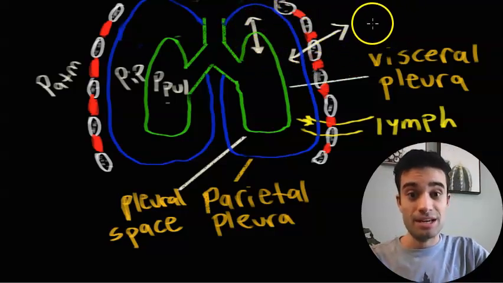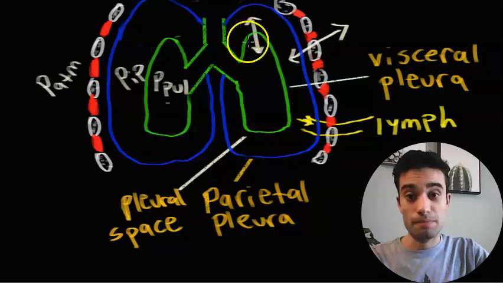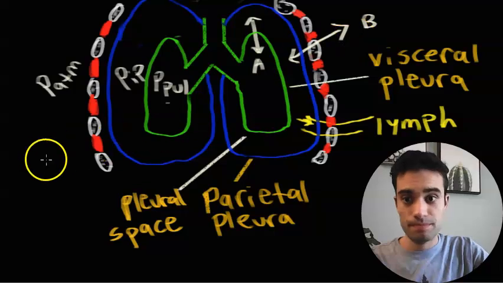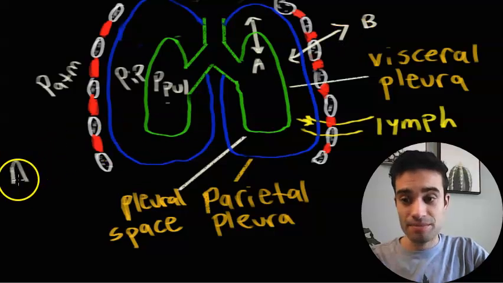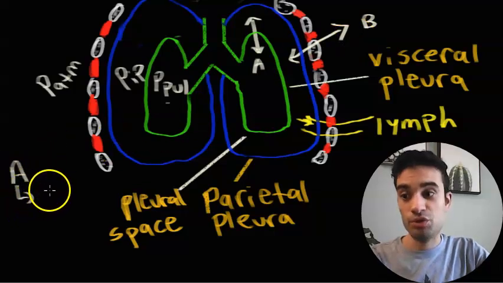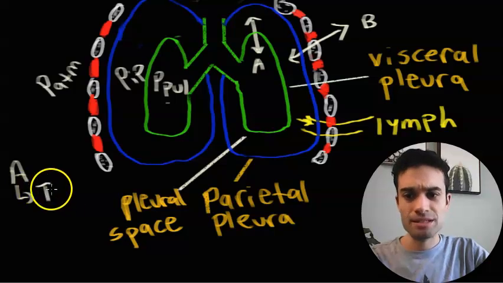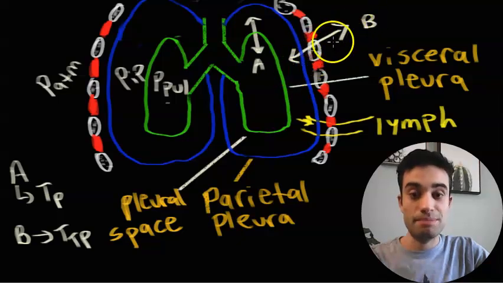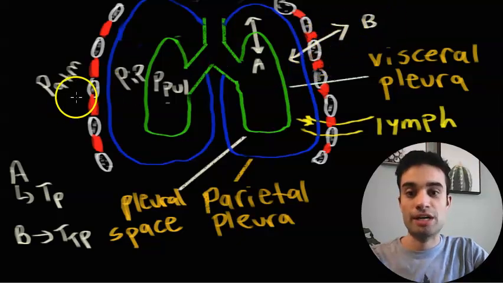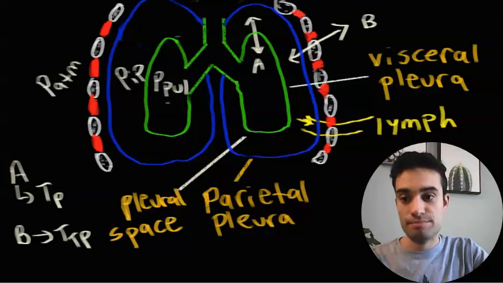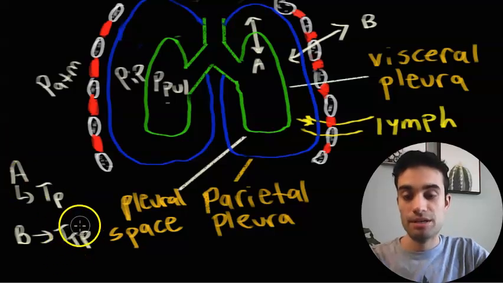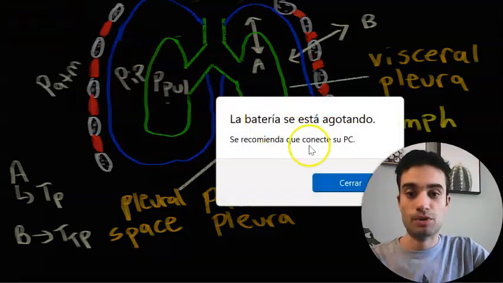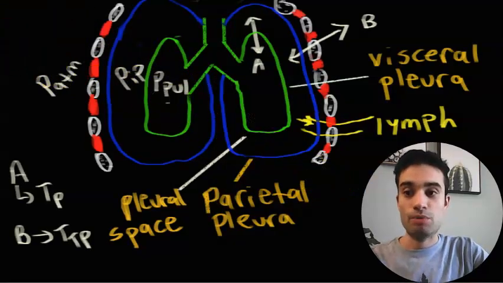So let's call this component A, and let's make this B. A is referred to as the transpulmonary pressure. And then the pressure across B is known as the transthoracic pressure. Okay?